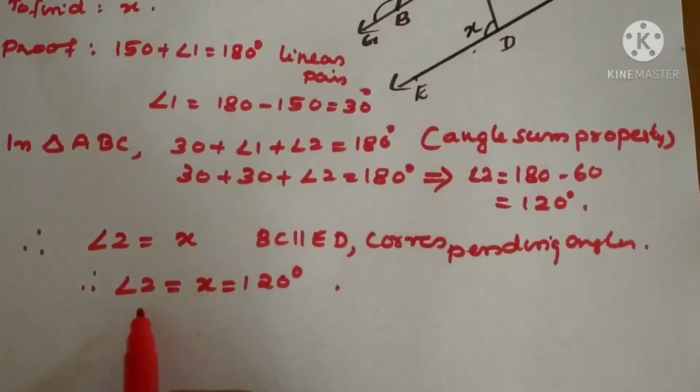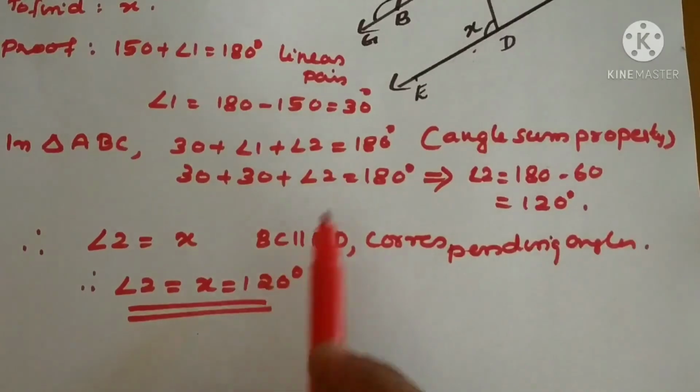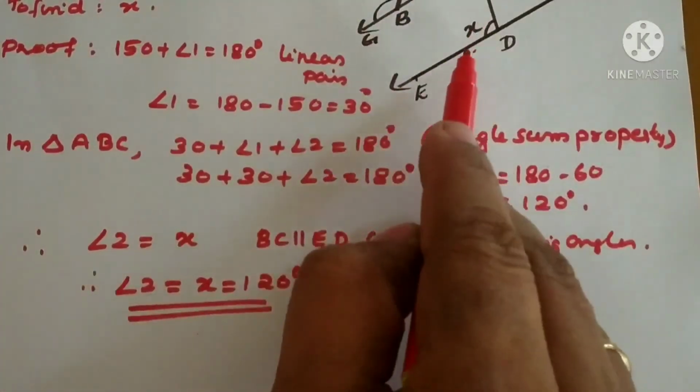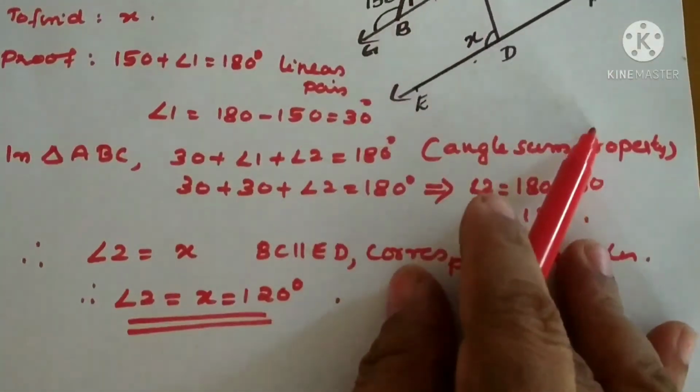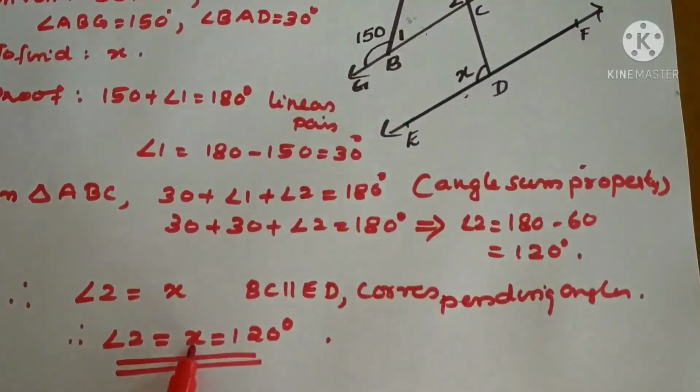So what is the value of x? x equal to 120 degree. So if we consider BC and ED are parallel lines only, corresponding angles are equal when it is a parallel line. So x and 2 are equal, that is both the value equal to 120 degree.